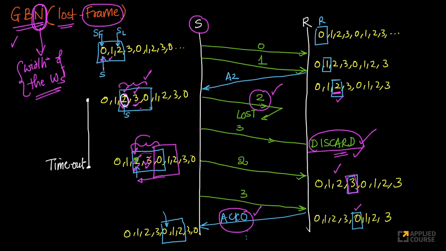Here we had a problem: my frame 2 was lost. In Go Back N, I would go back and resend all the frames in the window if required. That's what Go Back N does. I just keep resending all the frames in the whole window, thereby wasting a lot of time.